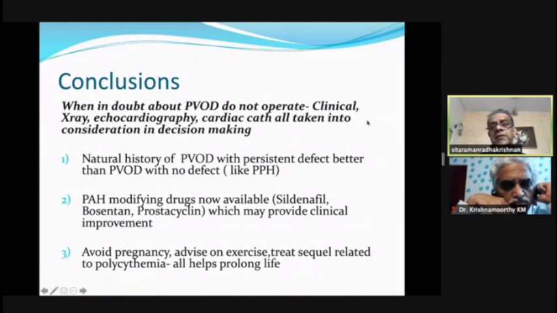That is mainly for the pediatric cardiologist to decide. Clinical, X-ray, echocardiography, cardiac catheterization are all taken into consideration in decision making, because there is a feeling that the natural history of pulmonary vascular obstructive disease with a persistent defect is better than pulmonary vascular obstructive disease with the defect closed. They start behaving like primary pulmonary hypertension.